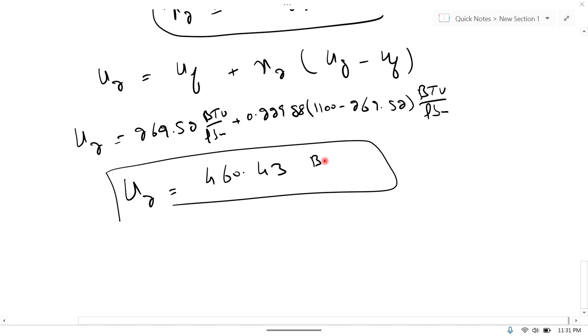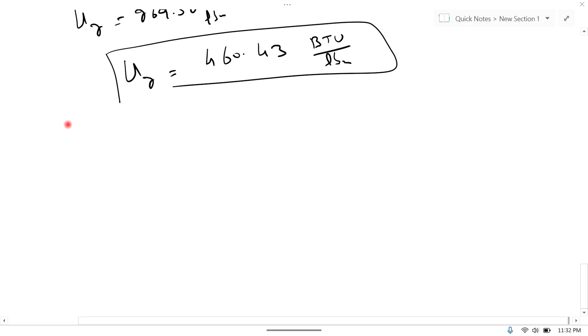BTU per pound mass. But we have to find the total internal energy. As we know, specific internal energy is equal to total internal energy divided by mass. Rearranging, total internal energy is equal to mass times specific internal energy.